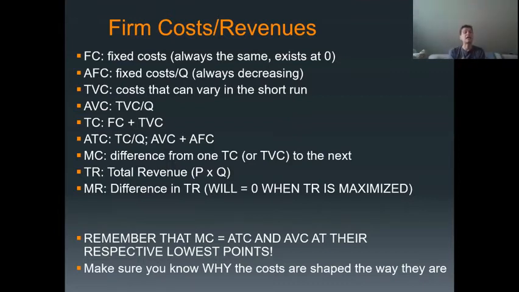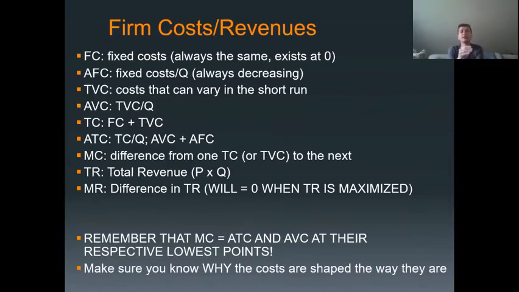And you have your AVC, which is your total variable cost divided by your quantity. Your total cost equals your fixed cost plus your total variable cost. It's everything added together. Your ATC is your total cost divided by the quantity, or you could do your AVC plus your AFC. It'll equal out to the same thing.